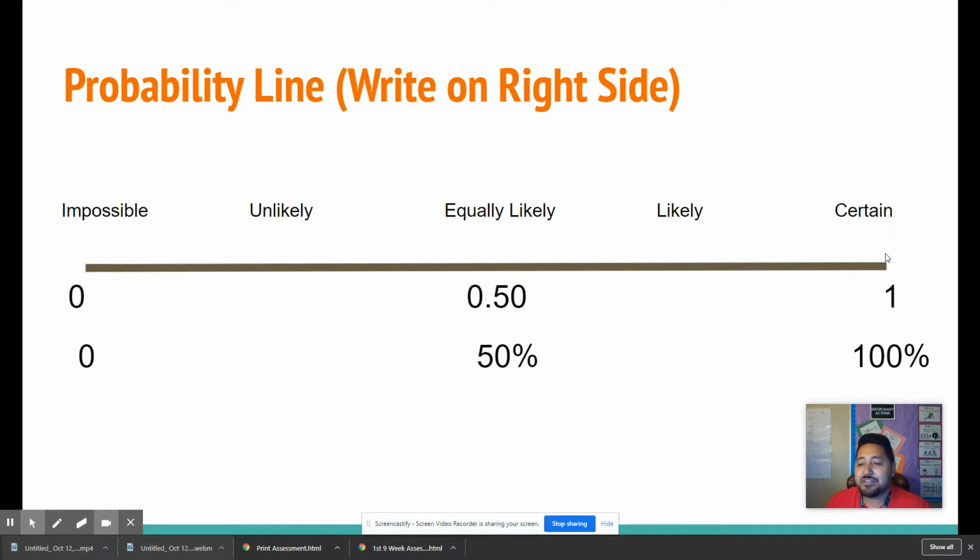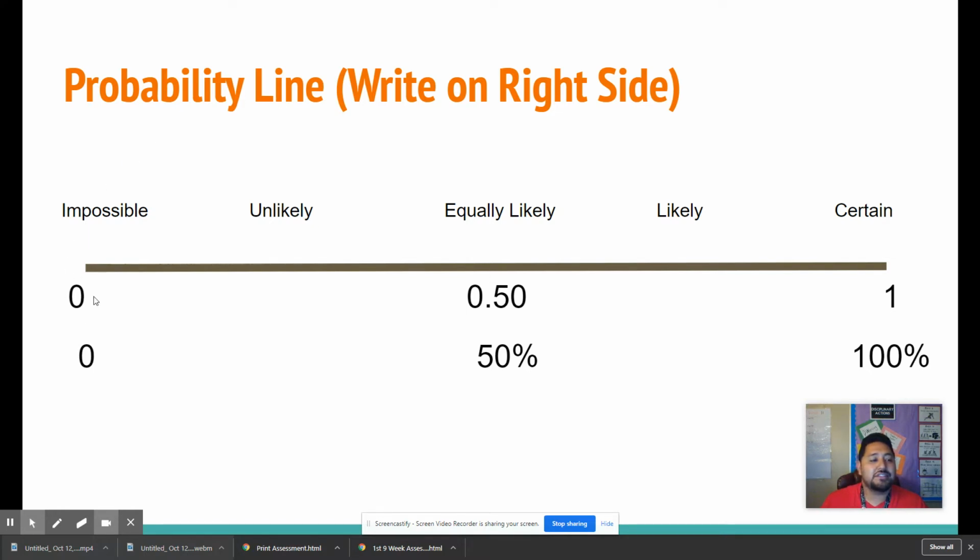If not 100%, it's very, very close. Okay. The probability that you will flip a coin and it will land on heads or tails. It will land on heads. That is equally likely because you have a 50-50 chance on each side.